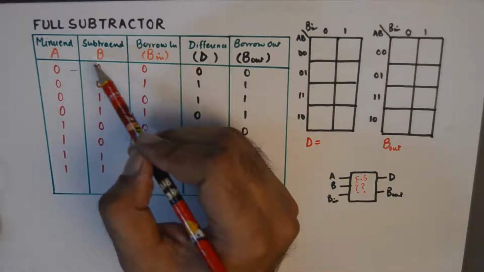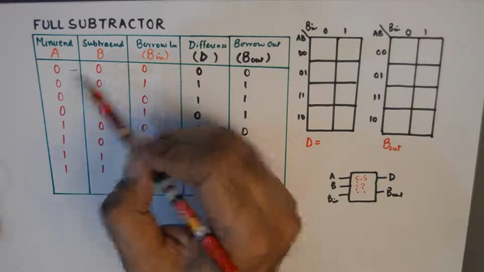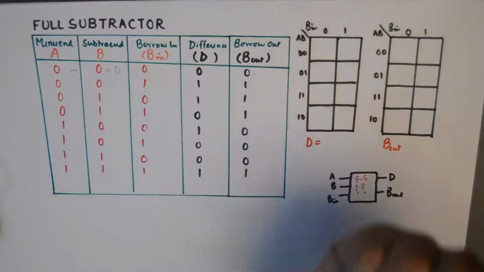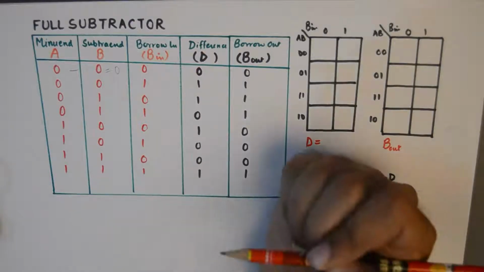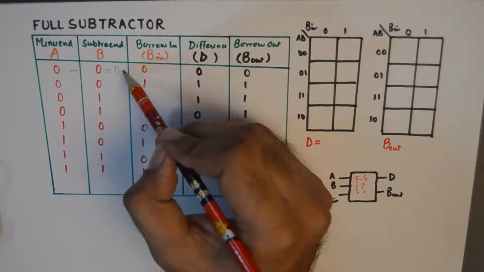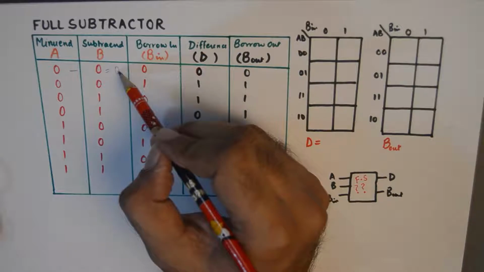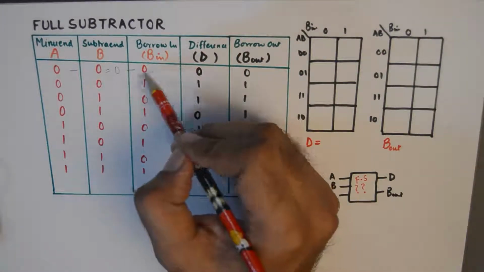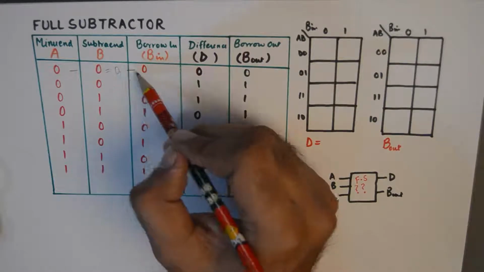Let us subtract 0 from 0, we'll get a 0 here as difference. Now what about this? The result is 0. We need to now subtract this 0 from this result. So what happens when we do that?